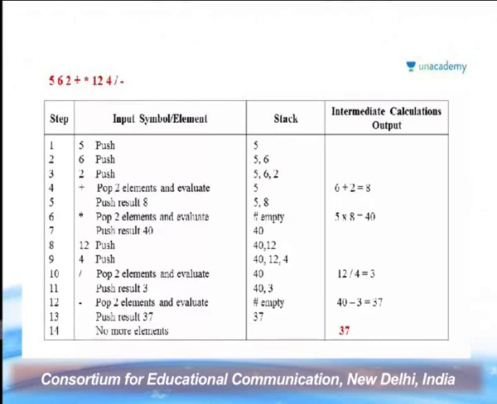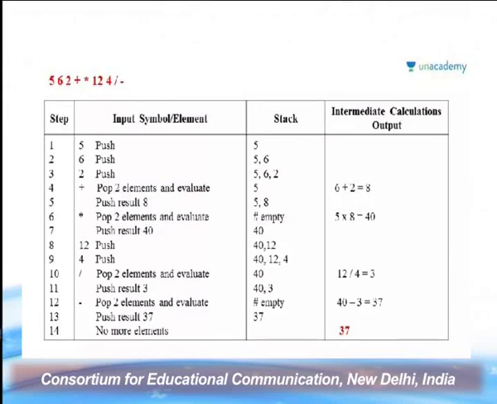Then the next symbol is asterisk. Now we have 5 and 8, so they will be evaluated using asterisk, the intermediate result is 40, and then we push 40 onto the stack. Then the next symbol scanned is 12. 40 and 12 are now both lying on the stack.